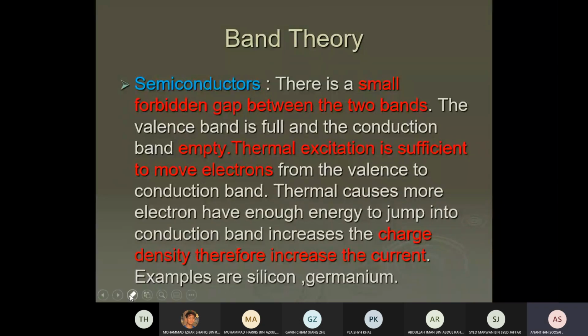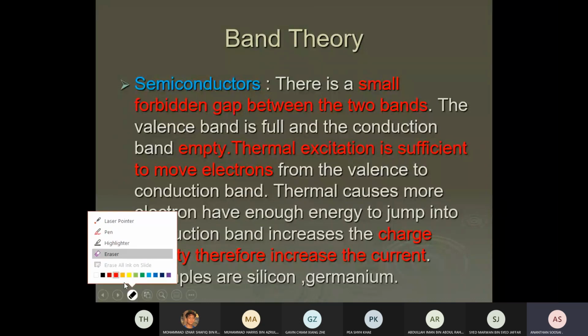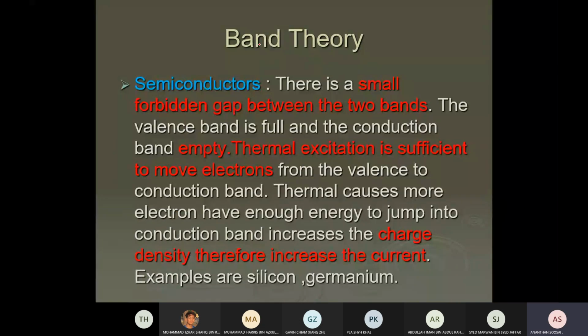Okay, what is the current formula you learned in your AS in terms of charge density? You have to recall. What's the current formula? I equals nAEv, right? vD, drift velocity. Yes, this is the current formula.